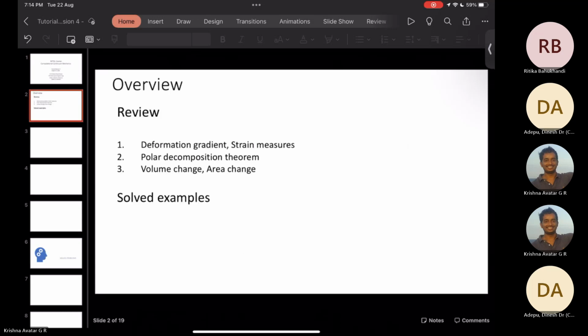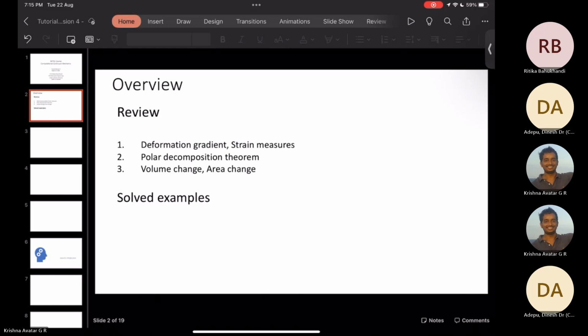So the things on the plate today are we'll be reviewing some of the basics of deformation gradient, various strain measures, and talking a little bit about what we mean by polar decomposition. Then we have two very important relations which will come in handy as the course proceeds.